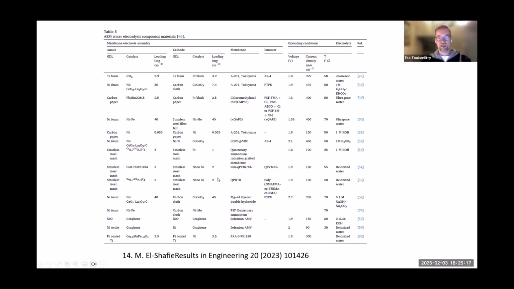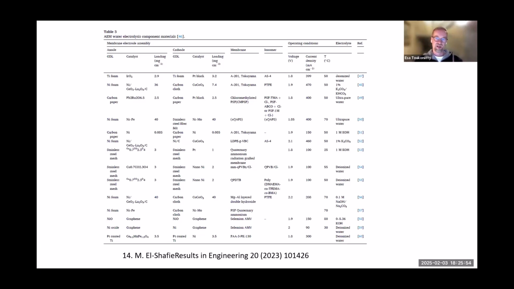This comes from the very same article, the table. The idea is not for you to read it now during this presentation, but I will refer to that article. So if you want to get more details on what the materials are in these electrolyzer cells, you find here anode related materials, cathode, membrane, also this ionomer, or the conductive electrolyte, the conductive phase.